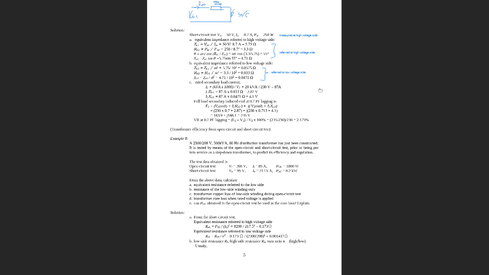So referred to the lower side it will be 8.7 amperes. So this is referred to secondary.